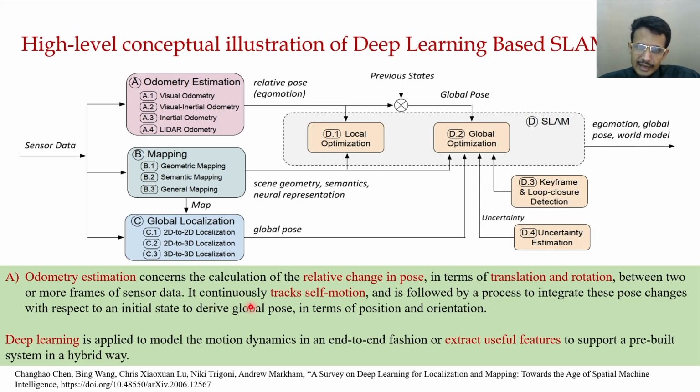It continuously tracks self-motion and is followed by a process to integrate these pose changes with respect to an initial state to derive the global pose in terms of position and orientation. Deep learning is applied to model motion dynamics in an end-to-end fashion, or to extract useful features to support a pre-built system in a hybrid way.